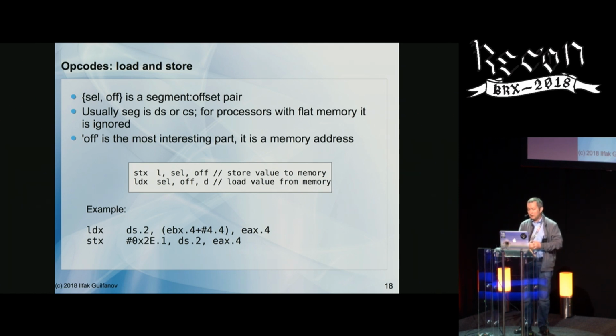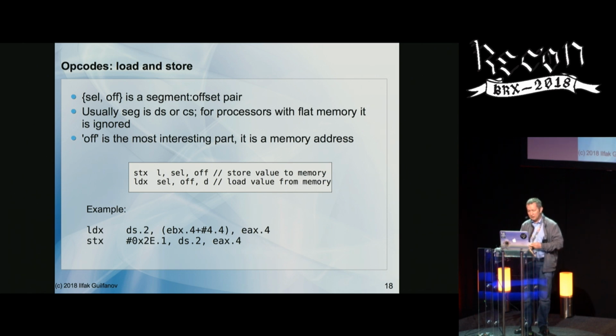Naturally, we need instructions to work with the memory. Initially, we use them in the microcode because we generate RISC-like code. So we have 2 instructions, store and load from the memory. When we refer to a memory, we refer using a segment and offset pair.